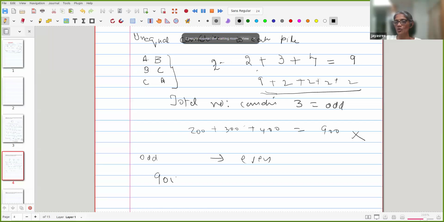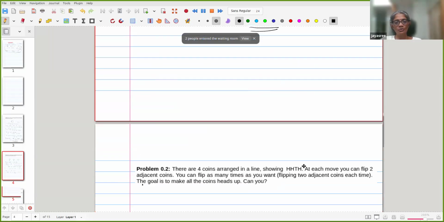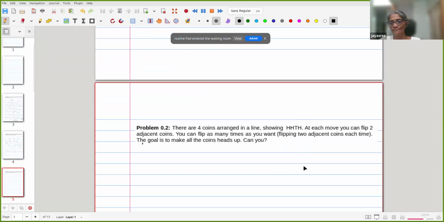If you have to reach a total of 900 starting from 9, you need to add 891, which is odd. You cannot get 891 by adding 2 plus 2 plus 2 and so on. Yeah, that's right. Okay, let's move on to the next problem.